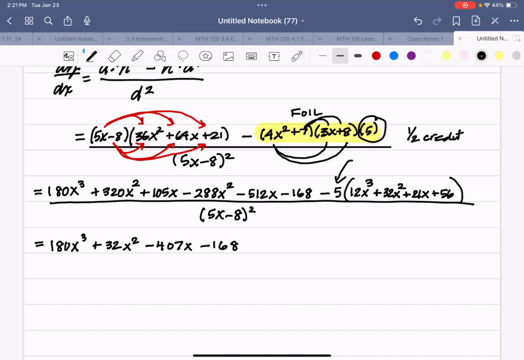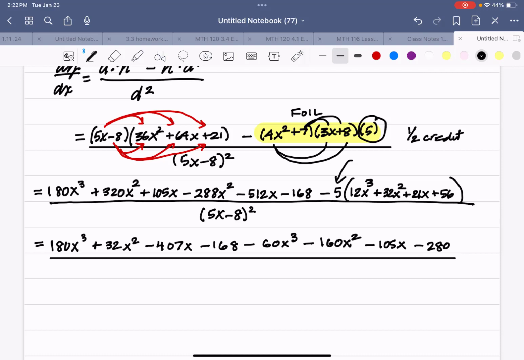And then this minus 5 gives minus 60x cubed, minus 5 times 32 is minus 160x squared, minus 5 times 21 is minus 105x, and then minus 5 times 56 is minus 280. All of that is over our denominator, 5x minus 8 quantity squared.